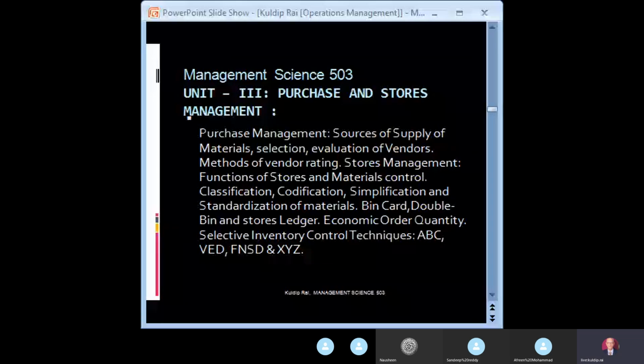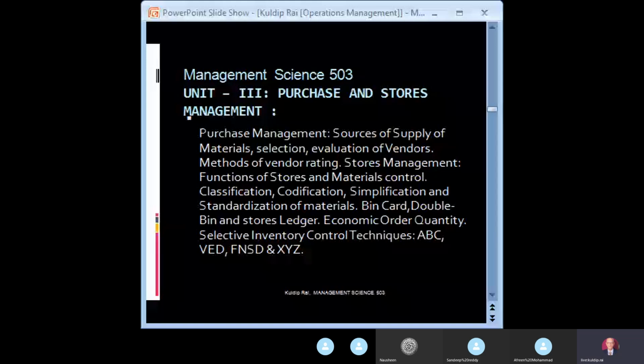Similarly, in a school, in a college, in a non-government organization, in an NGO, in a charitable organization, purchase management is one of the functions. Whether they have a dedicated manager for purchase management or not, that is not the question.